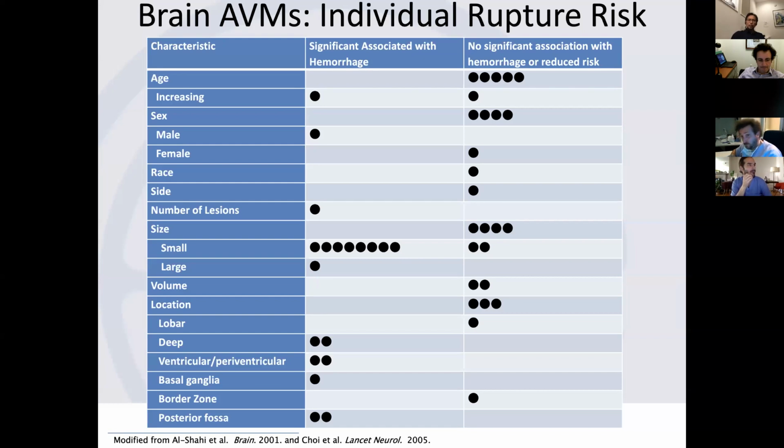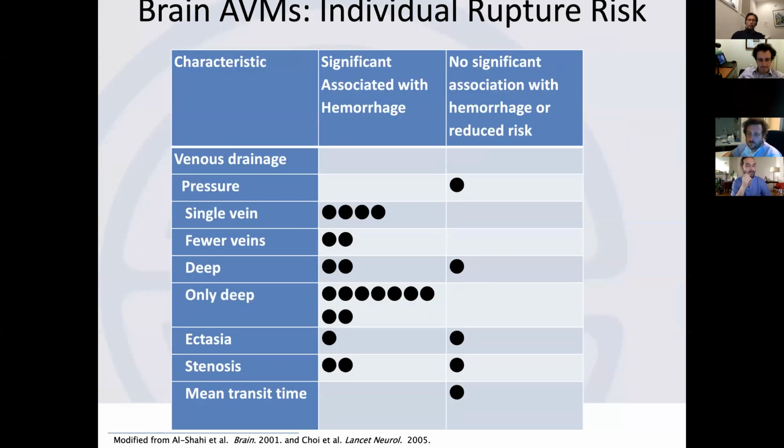If we look at venous outflow, I think this issue becomes a little more stark, because oftentimes deep or only deep venous drainage is really the Spetzler-Martin definition of deep. So we're really looking at brain AVMs that in one capacity or another use the vein of Galen or straight sinus for their venous outflow. But many of these veins, as Max, you have pointed out, and as Kim Nelson has pointed out, are actually superficial veins with respect to the brain.